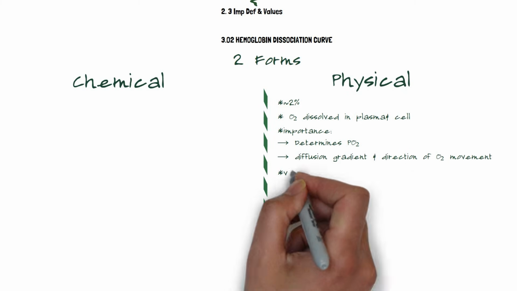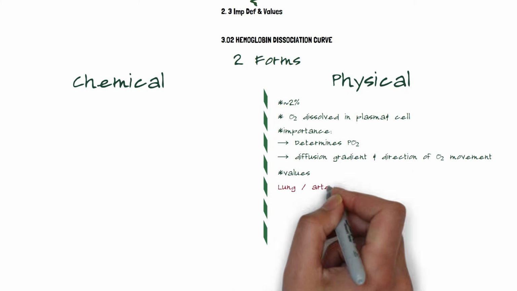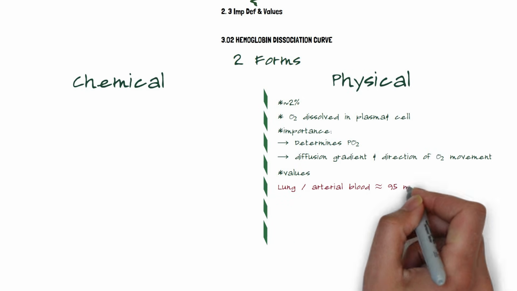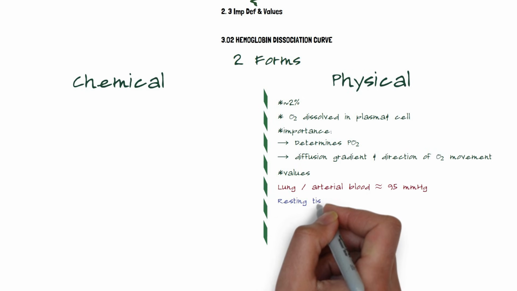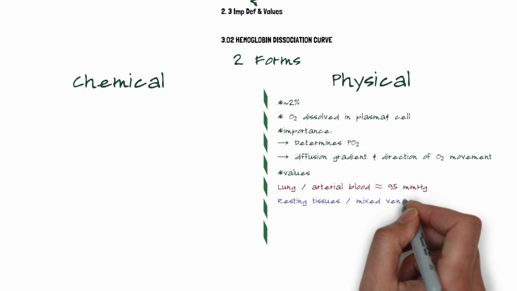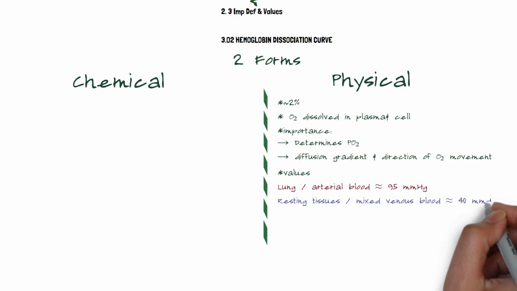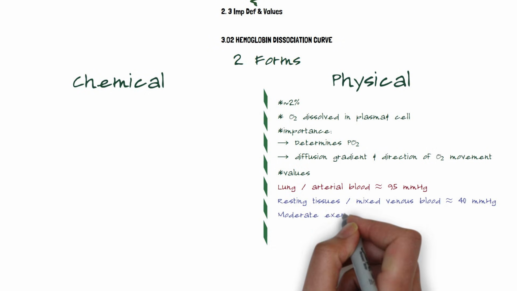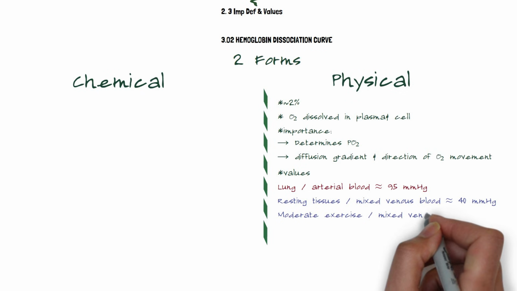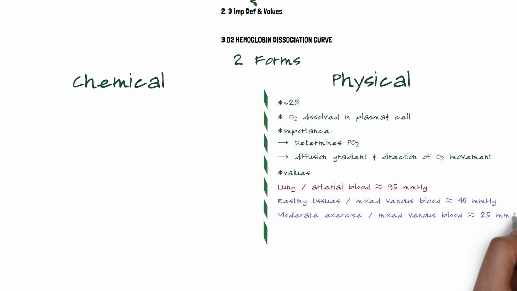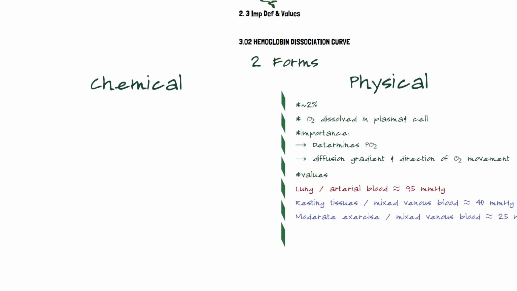What about the oxygen tension value? The important value in the lung is around 95%, 90.35 millimeter mercury. In the venous blood it is around 40 millimeter mercury, and during exercise it drops to 20 millimeter mercury.